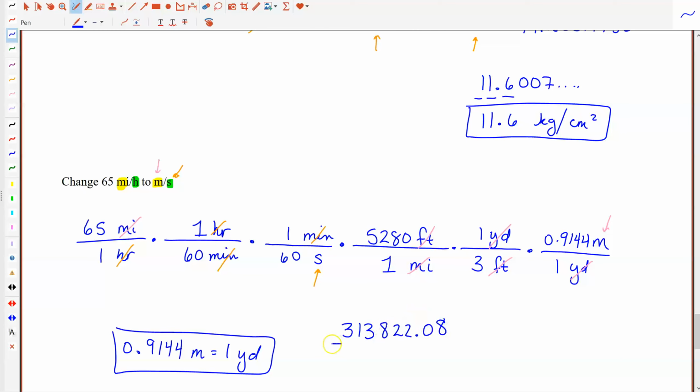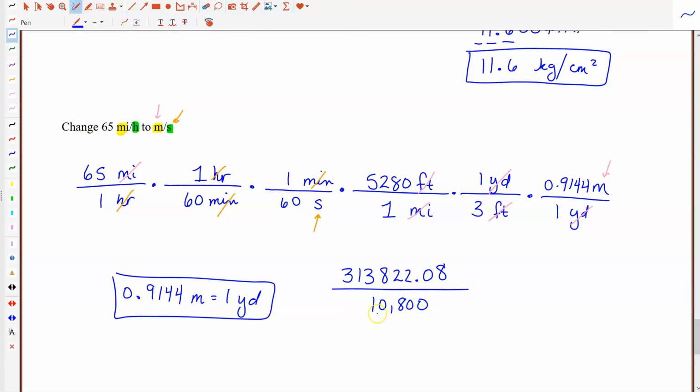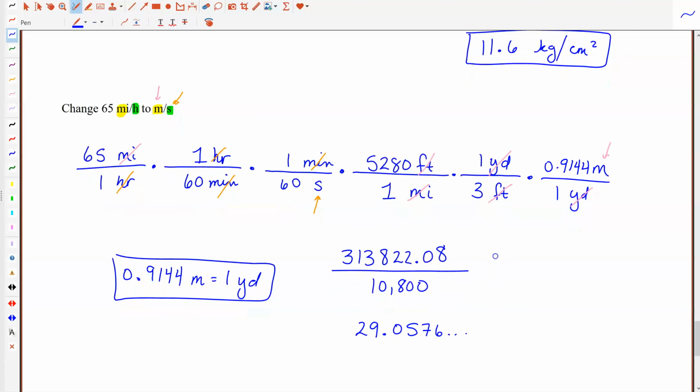So if you pop that in your calculator, verify for me that you get 313,822.08. In the denominator, you really have 1 times 60 times 60 times 1 times 3 times 1. Popping that in your calculator, you should be getting 10,800. So then if we take this new numerator and divide it by this new denominator, I got 29.0576, and there was some more stuff after that.